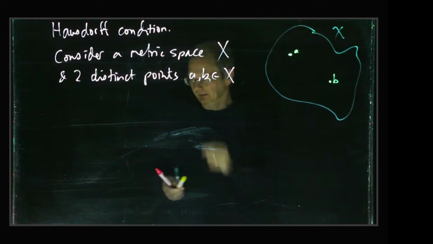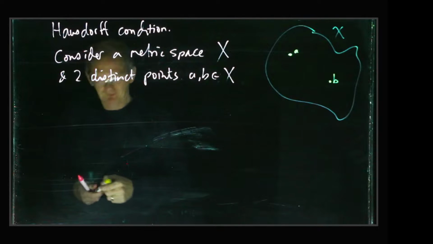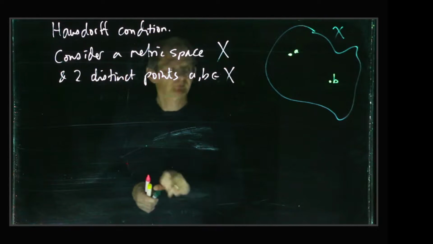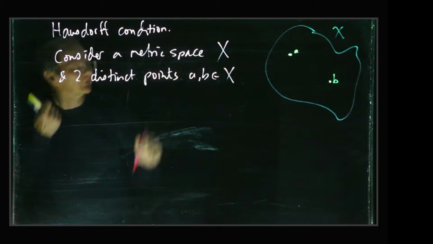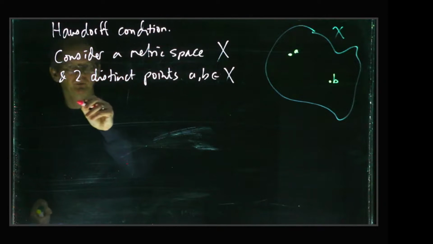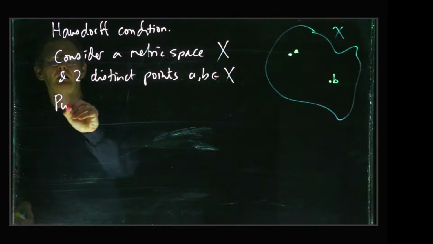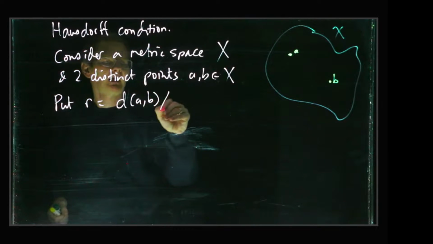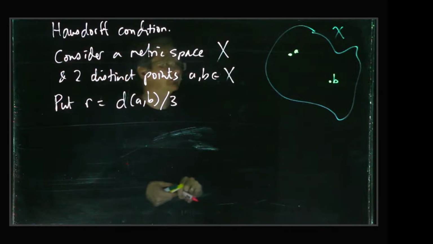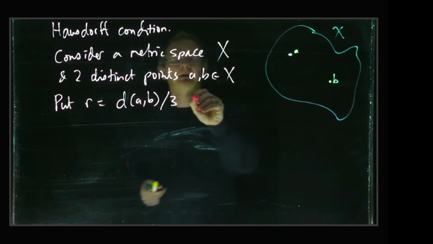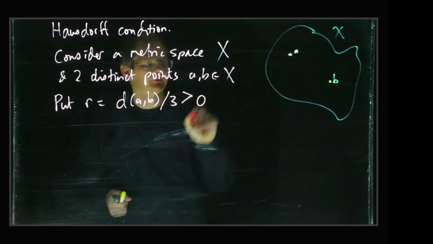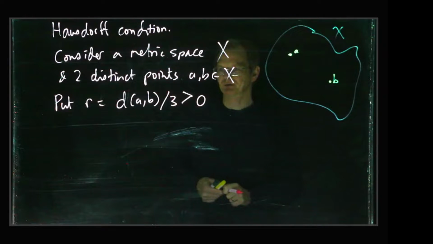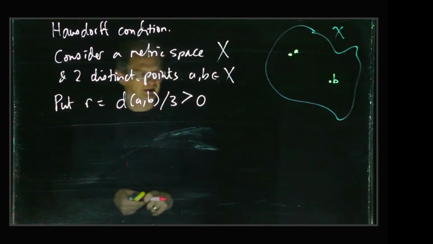Okay, and then I'm going to put some open balls around these points. So what we're going to do is put R to be the distance from A to B divided by 3, say. And notice that this is strictly positive, because one of the axioms for a metric space is that for two different points, the distance between them is not equal to 0.